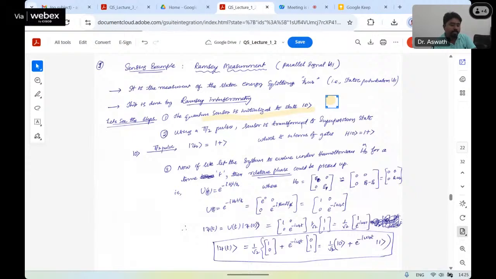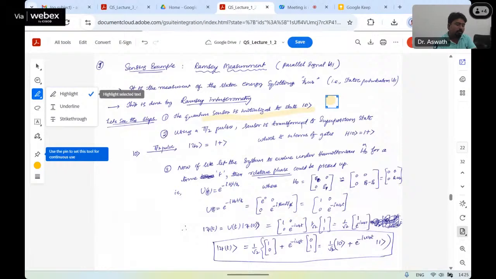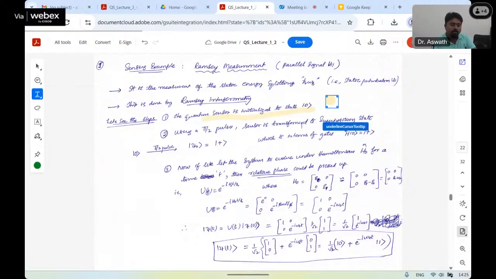For that, I take that 0 and put it into a superposition state by acting with a pi by 2 pulse. Basically, it's just a Hadamard gate. What you see here is the Hadamard gate.